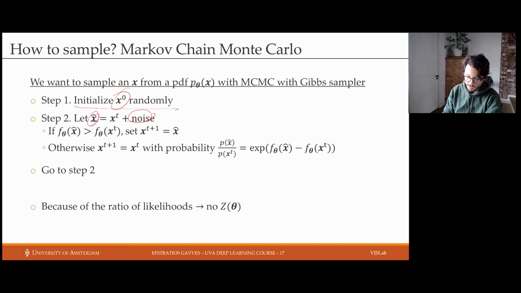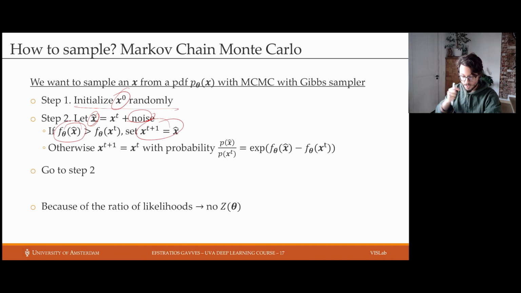So x hat is our new sample here. If the score, that is the minus energy, is higher for our new sample, it means that the new sample is even better, so we can replace it for the next time step in our Markov chain.